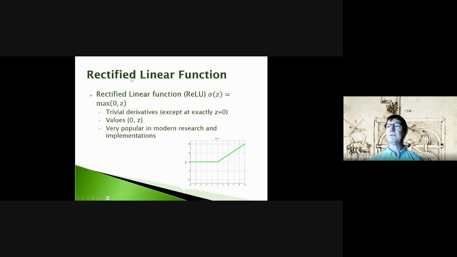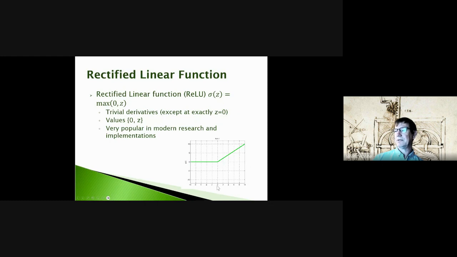All right, so now the rectified linear function has become a much more dominant one in recent times. Here, it's actually quite simple, right? For values of z less than 0, we're just going to map it to 0.